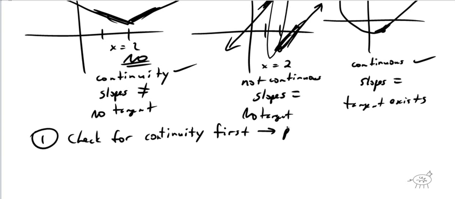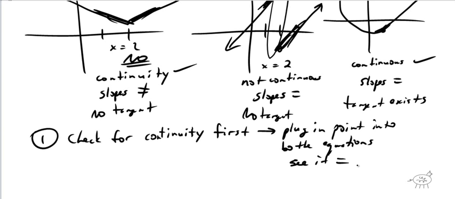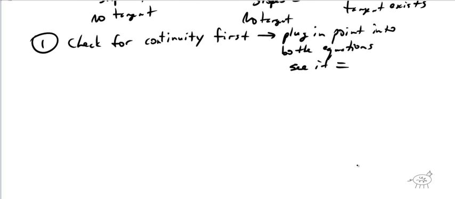What you're going to do is plug a point into both equations and see if they're equal. This is really easy, and that's why you do it first. If you try the second part first, it's okay, but why do all that work with limits just to find out it's not a continuous function?